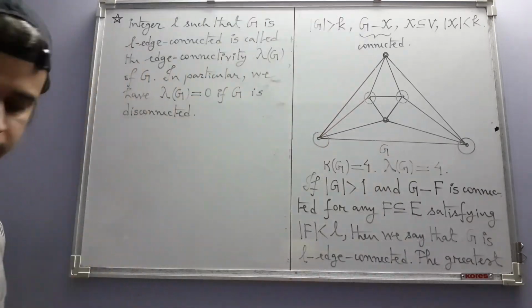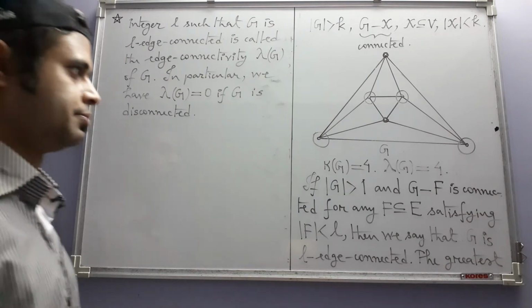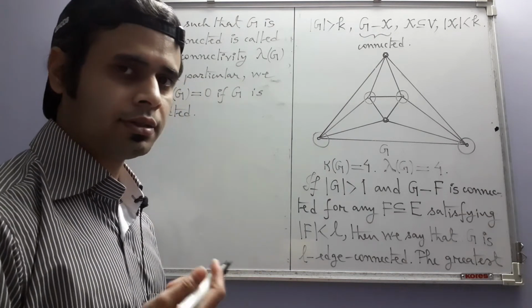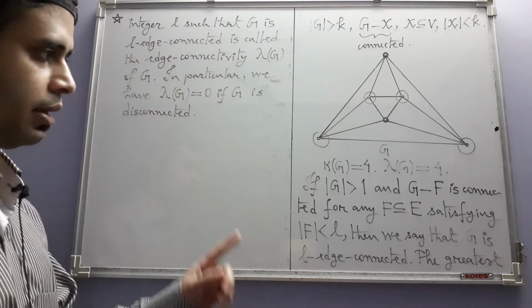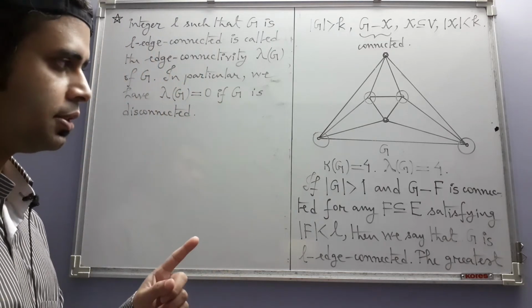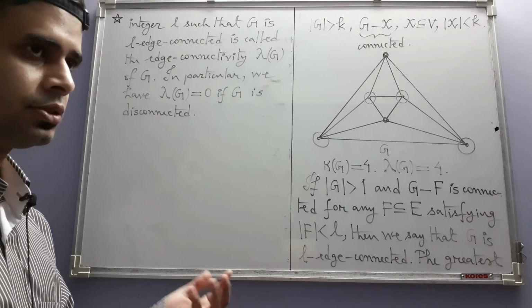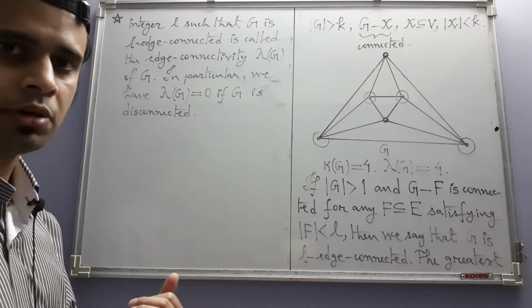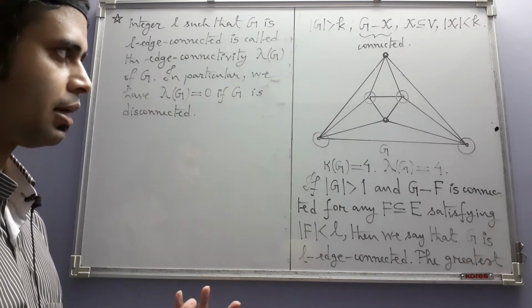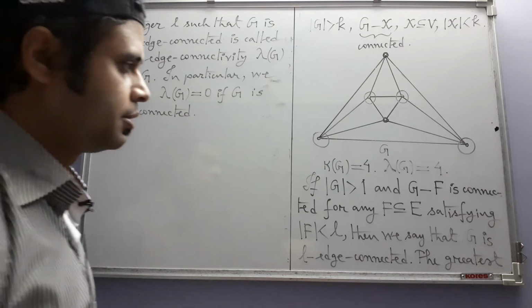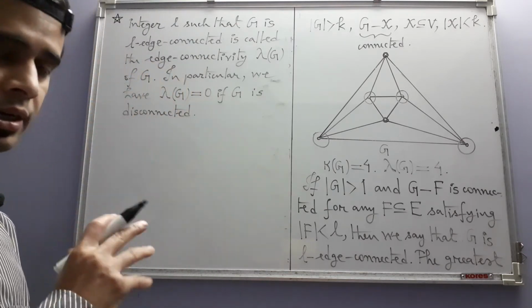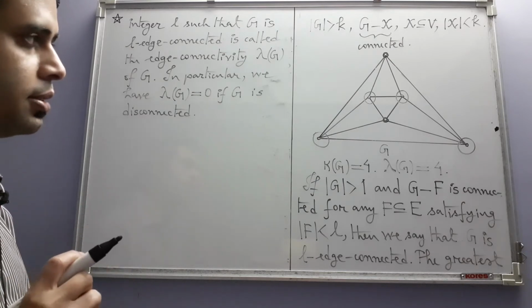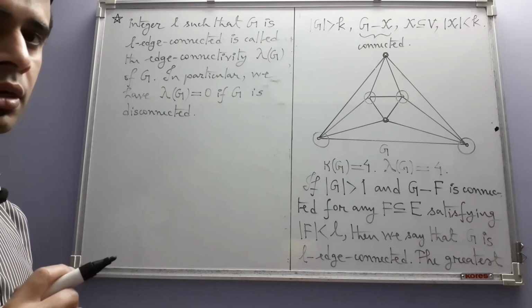Okay, why is edge connectivity 4? Edge connectivity also has a similar interpretation. Edge connectivity 4 means if you remove any 3 or fewer edges, the graph will stay connected. But there is a set of 4 edges whose removal makes the graph disconnected.